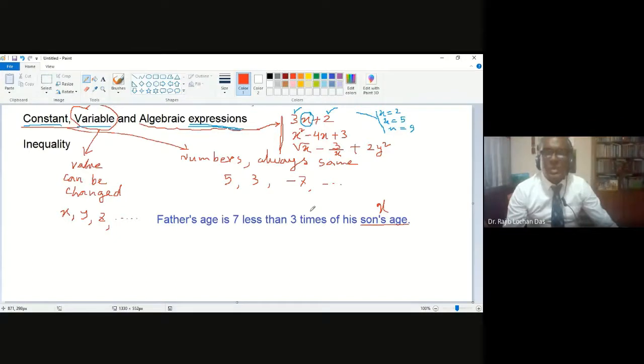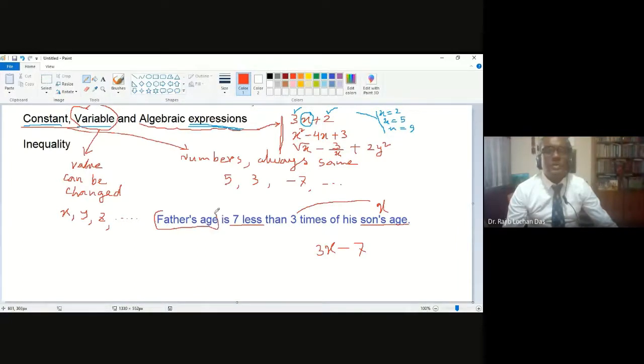And 3 times the son's age. 3 times means 3 into x. And what is happening with 3 into x? 7 less. 7 less means minus 7. So this will be the father's age.